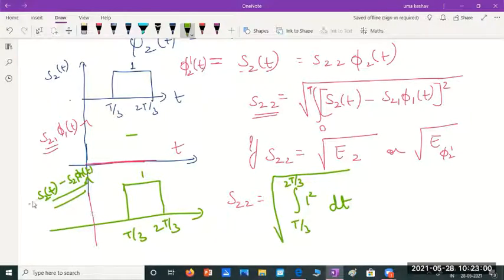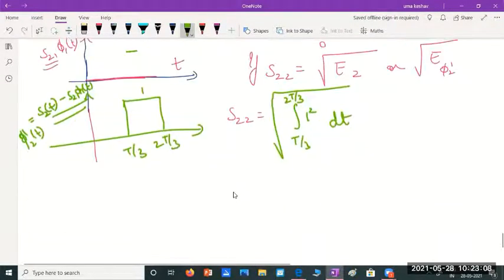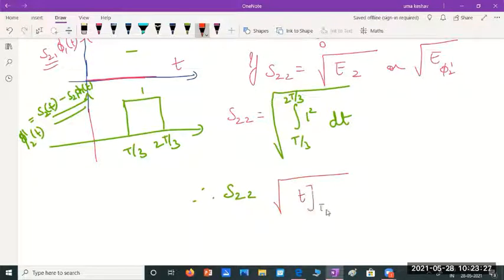We called this signal phi2 dash of t. If you want, you can name it, otherwise you can keep it as it is. I'm just showing you that name because it's easier in some problems. What is this value? Therefore, S22 is equal to the root of the integral of 1 square dt in the interval t by 3 to 2t by 3.